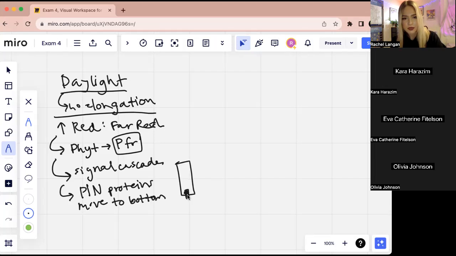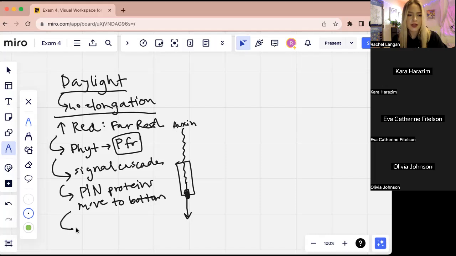And that's important because pin proteins are the ones that efflux auxin out. So auxin gets made at the top of plants, and then it travels down the shoot. And when it goes into a shoot cell, it's going to leave out wherever the pin protein says to go out. So if the pin proteins are here at the bottom, auxin is just going to travel right through the shoot.